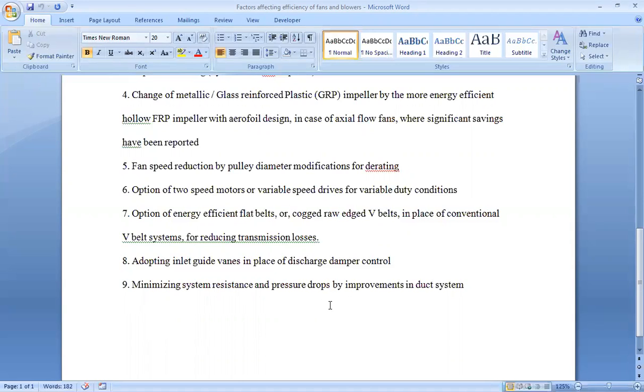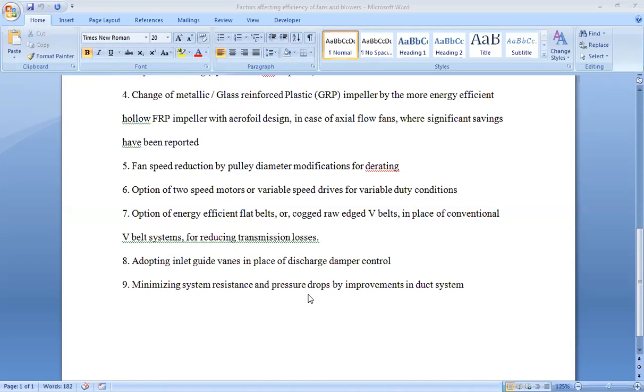So we have to use proper damper control. Proper guide vanes are used, so that there will be proper cooling of the machine, and the air will be directed in a particular direction. Then adopting inlet guide vanes in place of discharge.